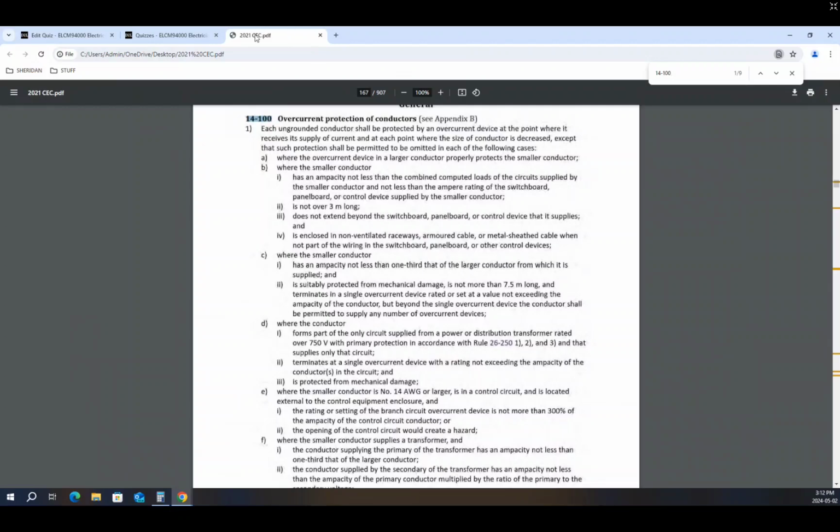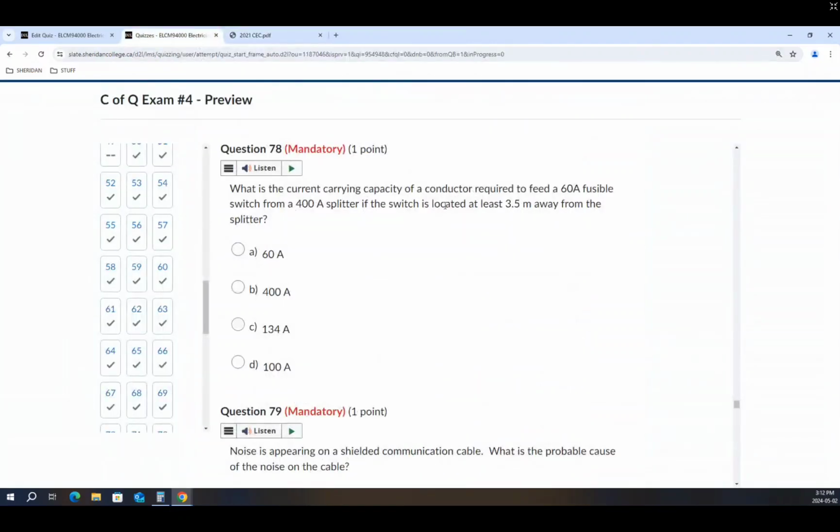Okay, it's not more than 7.5. We're not more than 7.5, so we're at 3.5.